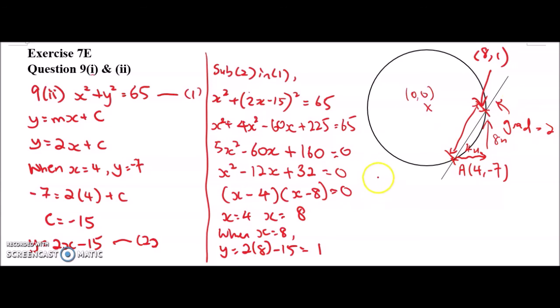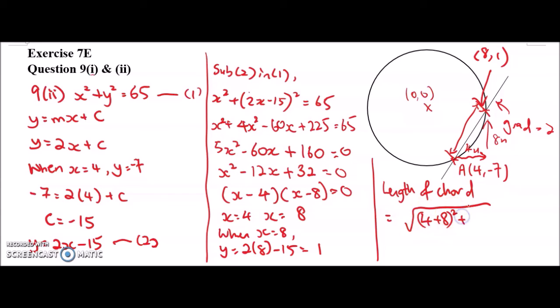Once we have these coordinates, we can find the length of the chord using the distance between these two points, the length of the line segment. So we use (4 minus 8) squared plus (-7 minus 1) squared, and we get the square root of 80.